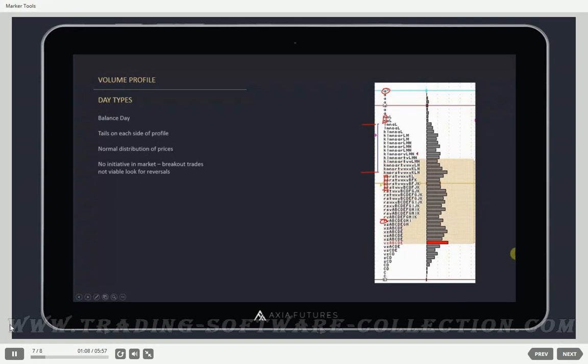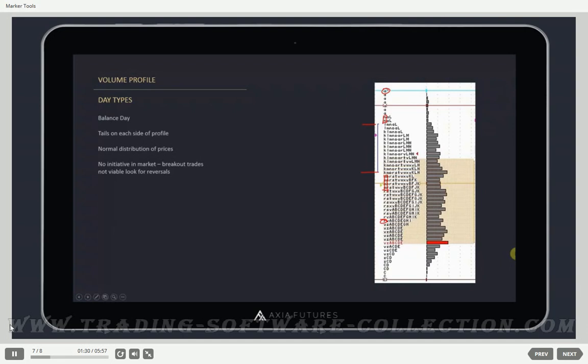When we start getting to the high, you're looking for volume to dip off. You're looking for some kind of chart pattern that gives you a trade for a reversal. Any levels that are beyond the extremes of the day become stronger levels, so give you a possible entry there. So that's how you want to look to trade these balance days.